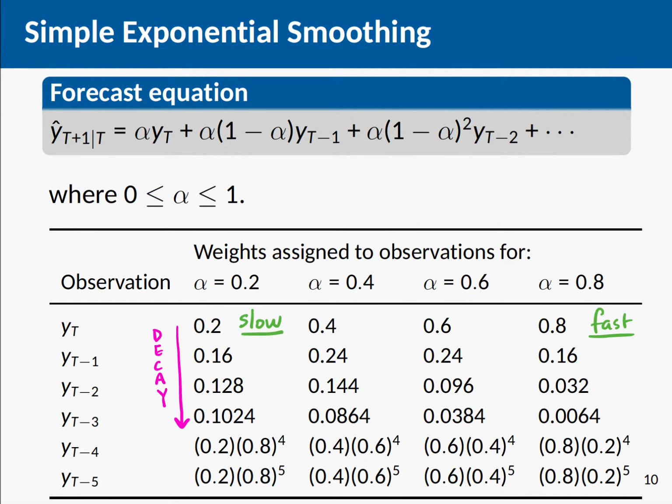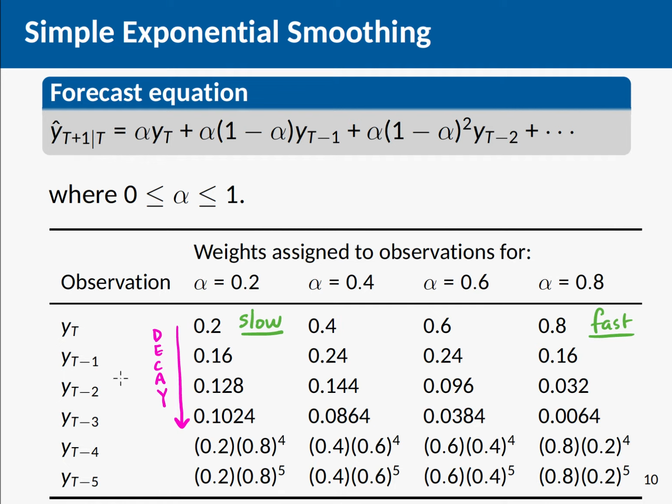Now let's take a look at what happens if you have different values for alpha. If alpha is equal to 0.2, you might have a very slow decay, which means that the last observation yt receives a weight of 0.2, and the way in which the weights decay is a lot slower.